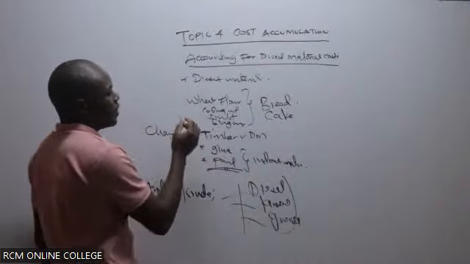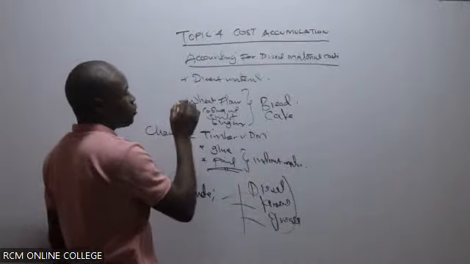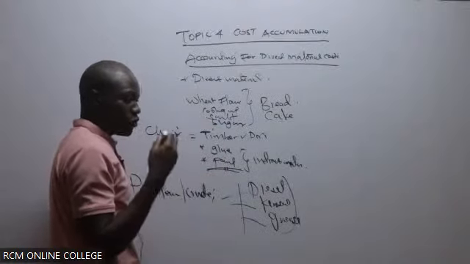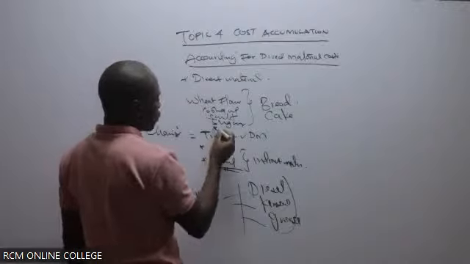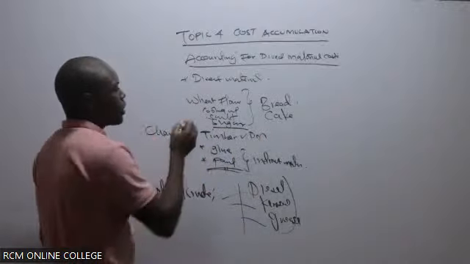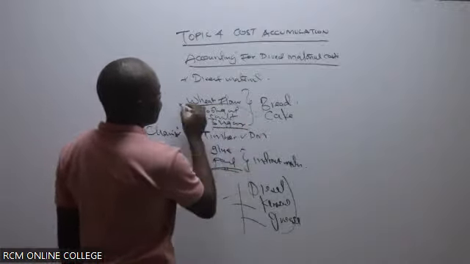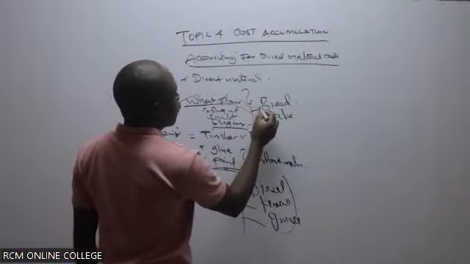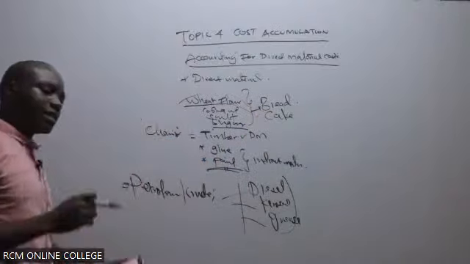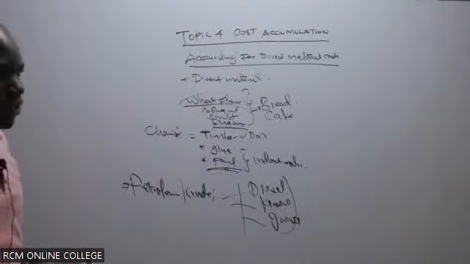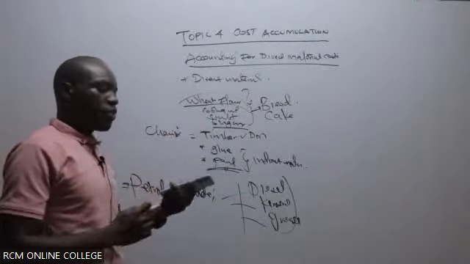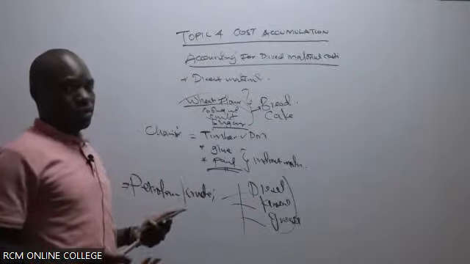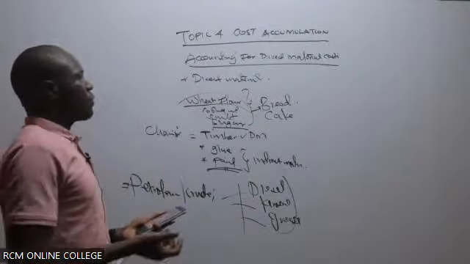But the main item that you can trace to the final product, you will not be able to see salt physically. You will not be able to see this sugar physically, but you can trace this wheat flour in the final product. So basically, that is the direct material. Any other item that you're going to bring here, we can call indirect material. And that is what we have.